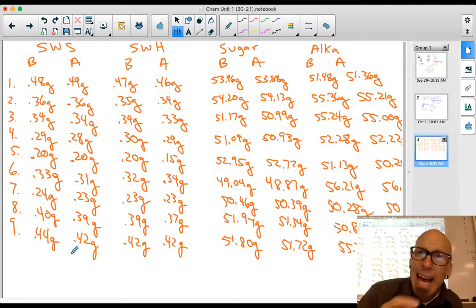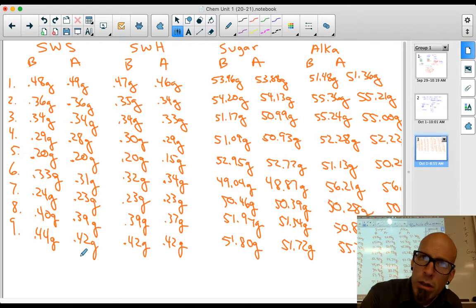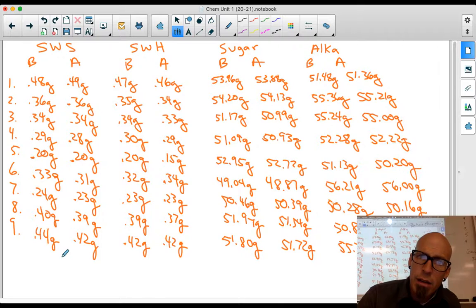And so I asked, how did you show that in your particle diagram? They said, we drew less particles in the after because some of them fell off. Oh, so they're showing the mass changing by how they drew their particle diagram and the number of particles that they used to do that.